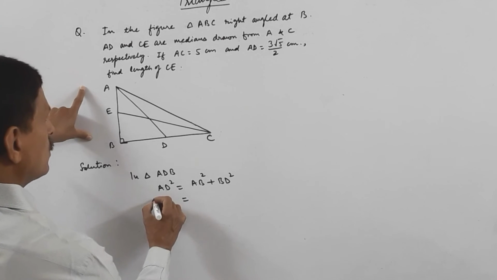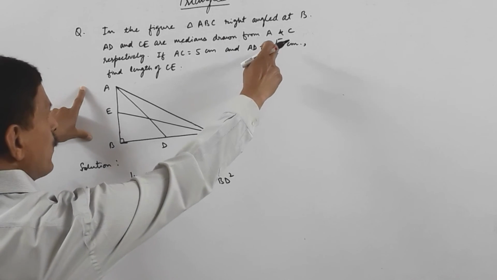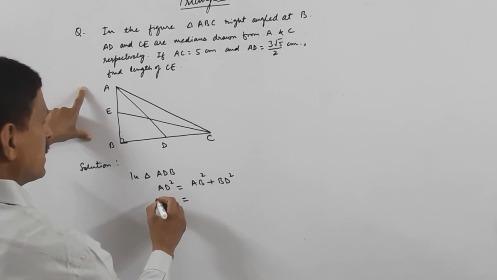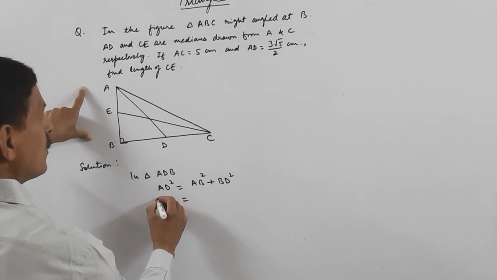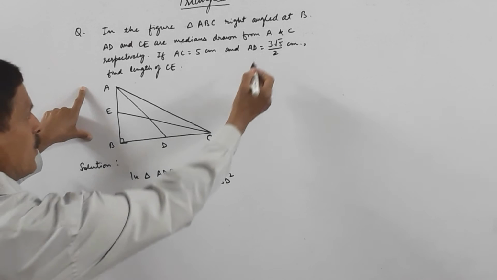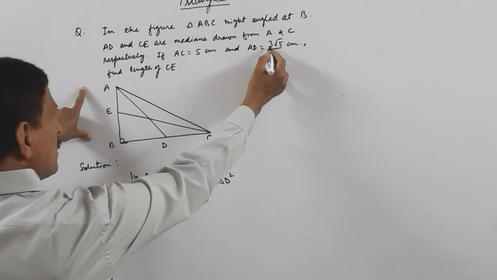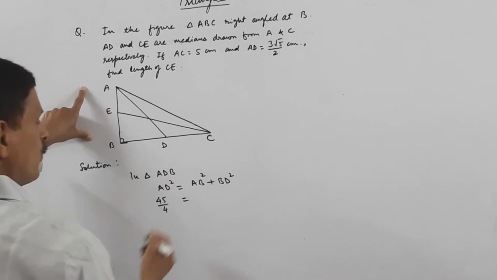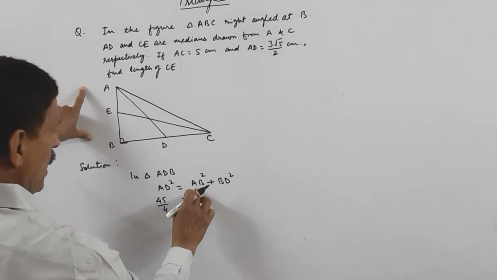AD square is equal to, AD is 3 root 5 upon 2, so we can write it as 9 times 5 is 45 upon 4. 3 root 5 square means 9 into 5, 45 upon 4 is equal to AB.